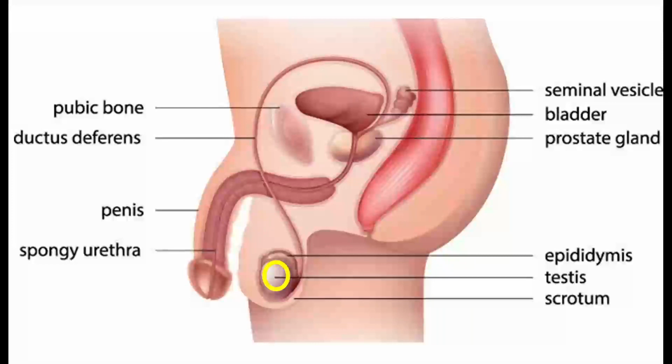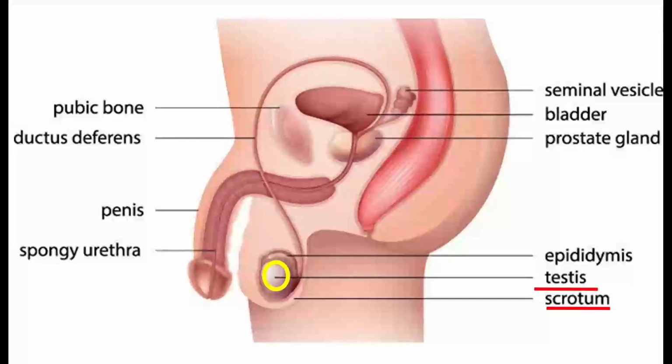It's under the skin, lying in a pouch of skin which is called the scrotum, for the sake of a good environment, a cooler one for sperms to develop. This is the primary sex organ of the male. Everything else is no more than passages.